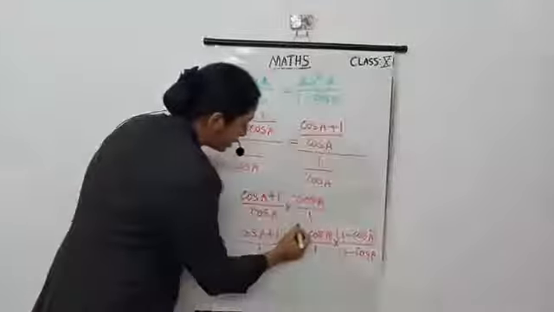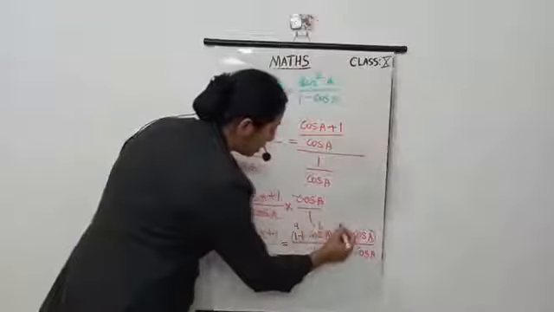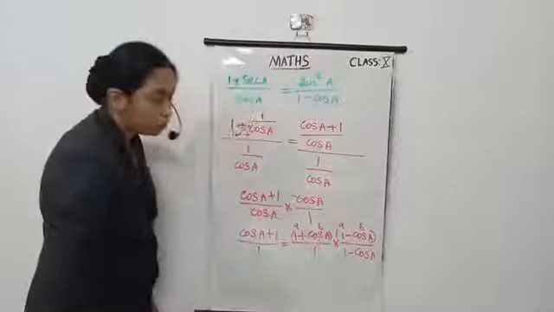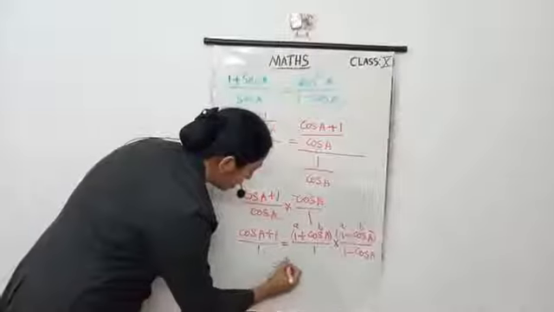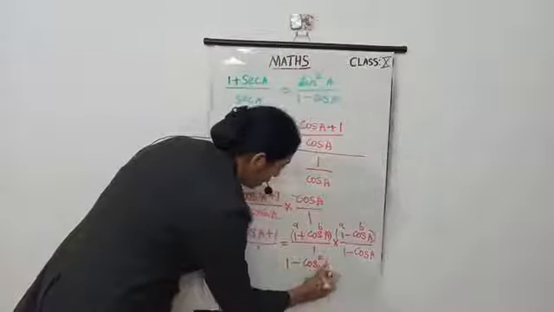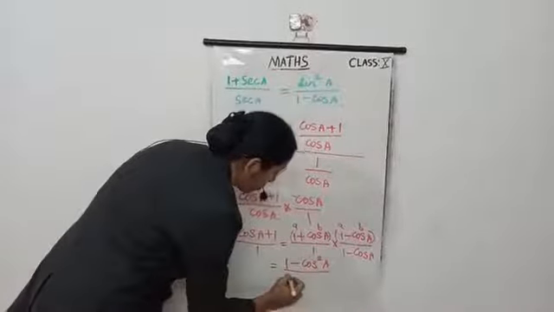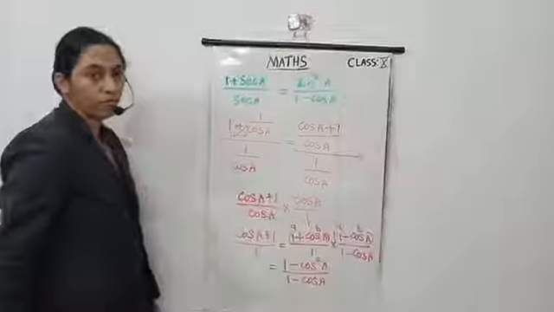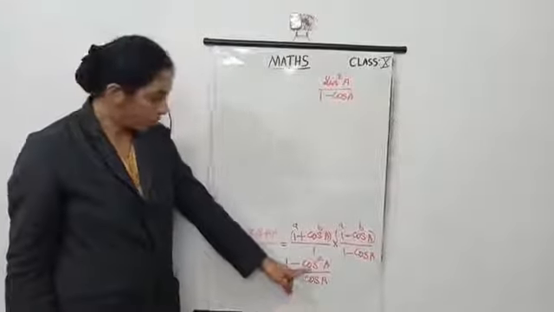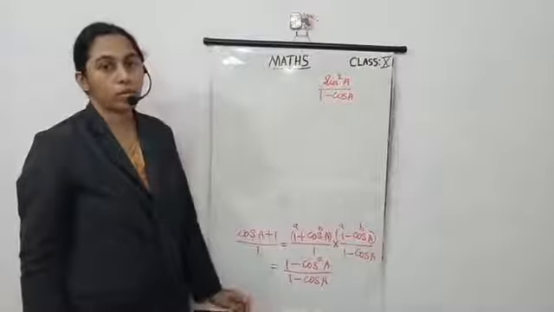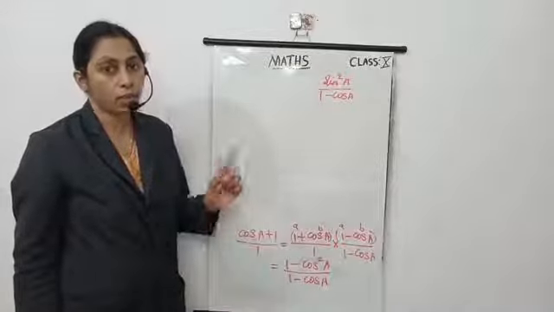So here this is a plus b and this is a minus b, and this is a and this is b. So this can write like this is equal to 1 minus cos square A by 1 into 1 minus cos A, which is 1 minus cos A itself. Now consider this 1 minus cos square A by 1 minus cos A. Now identity, sin square A plus cos square A is 1.